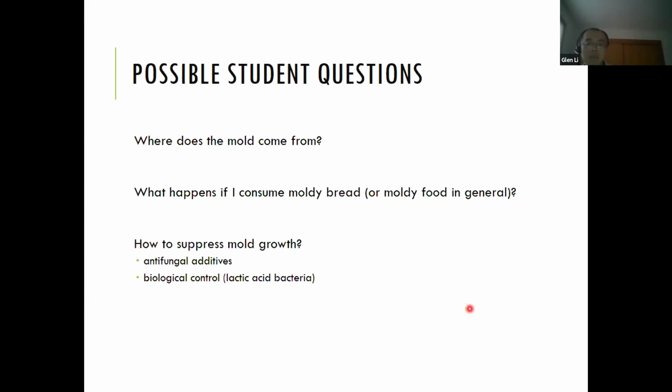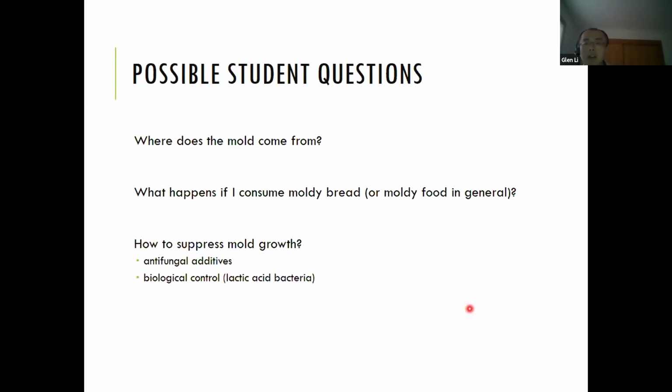Another question from a chat: coffee beans, are they using molds or just the biological process? I'm not 100% certain, but I think it has mold involved. I do need to look into this a little bit more.